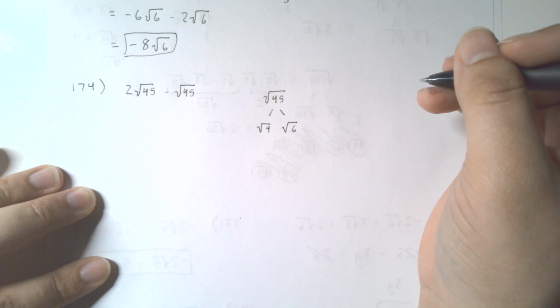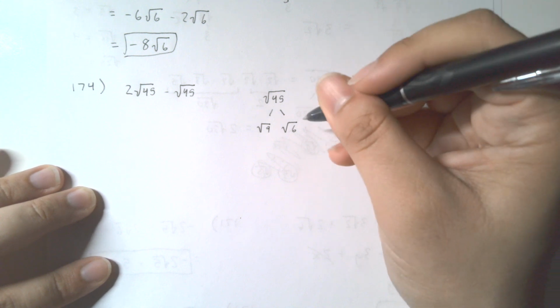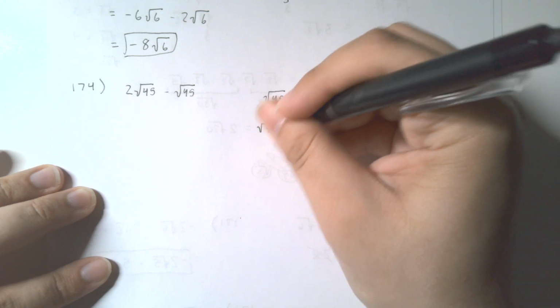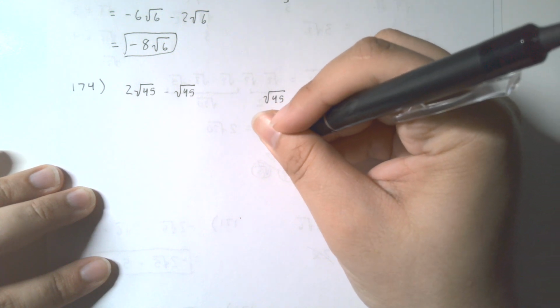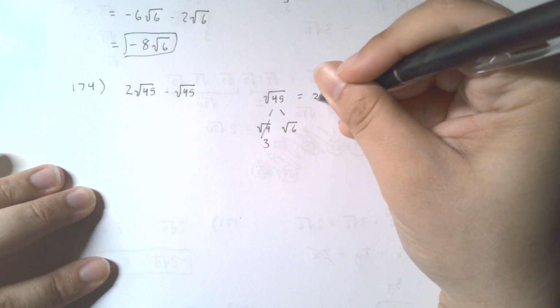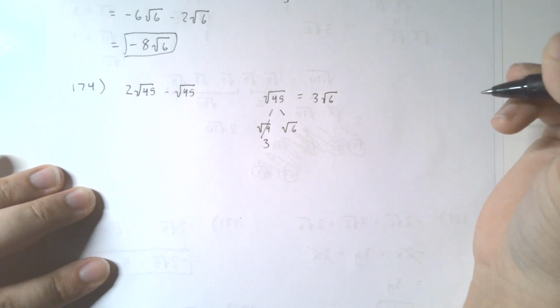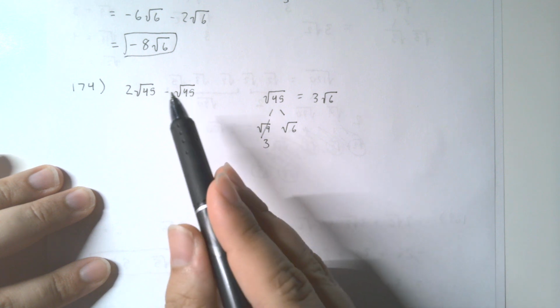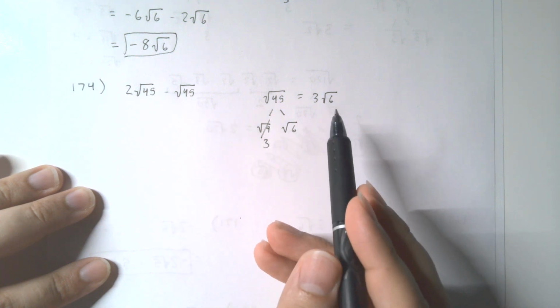Now, because we divided by the biggest perfect square possible, 6 isn't divisible by a perfect square. So we just have to simplify the square root of 9 as 3, and we can write that as 3 square root of 6. Well, now we can replace square root of 45 with 3 square root of 6.